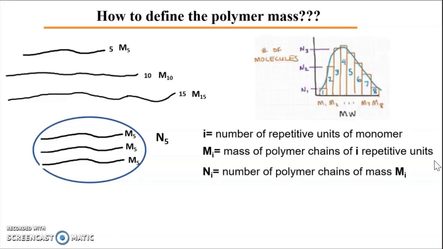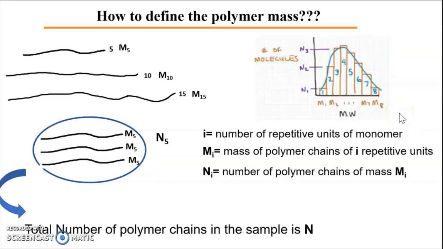So in our polymer sample, we can find a distribution of number of molecules, or number of chains, according to their mass. The total number of polymer chains in the whole sample is N, where N is the sum of all numbers of chains of each i repetitive units.